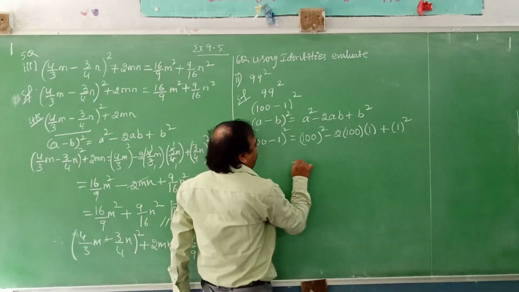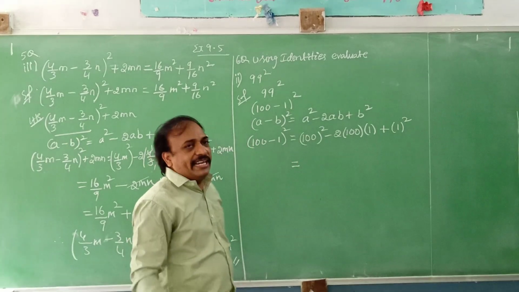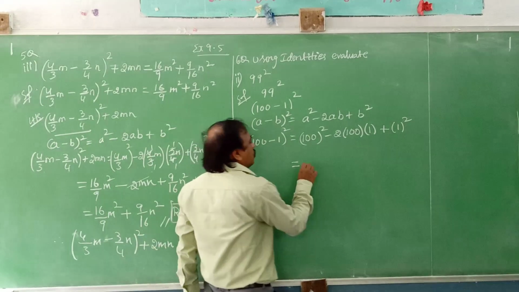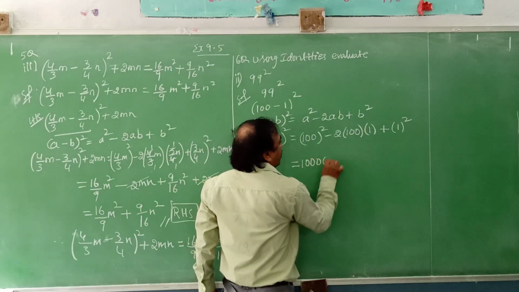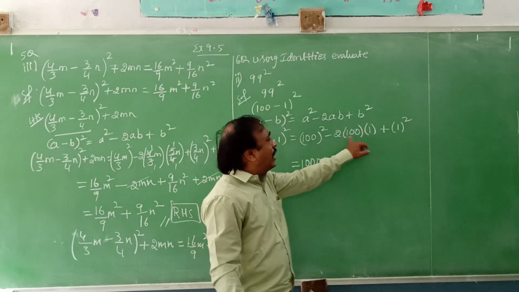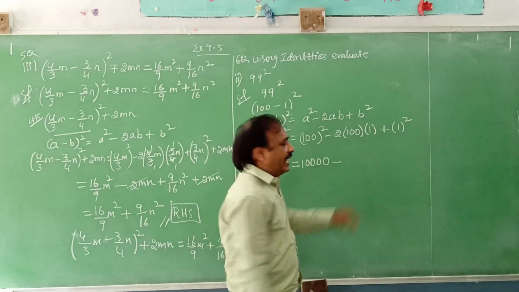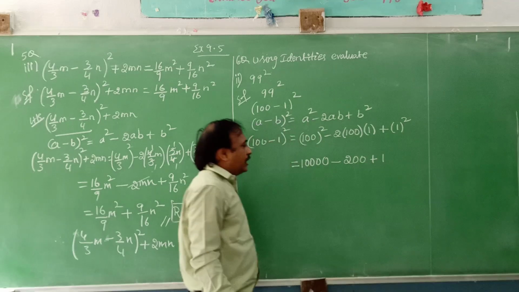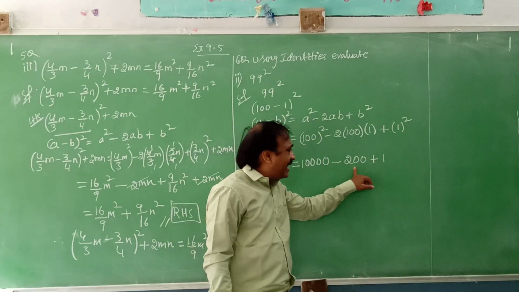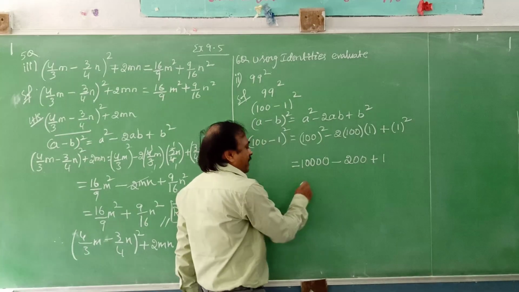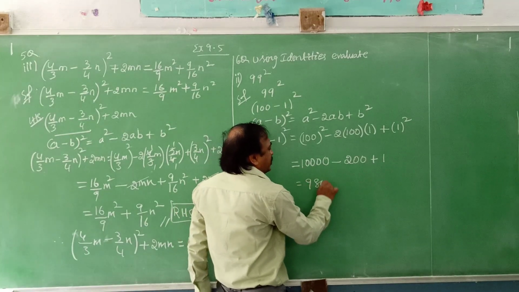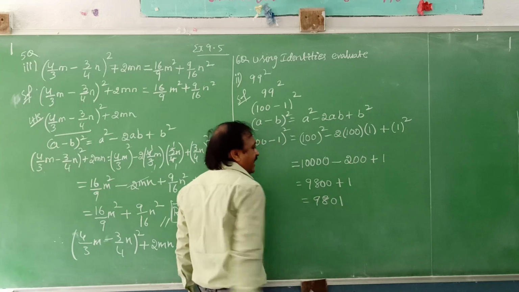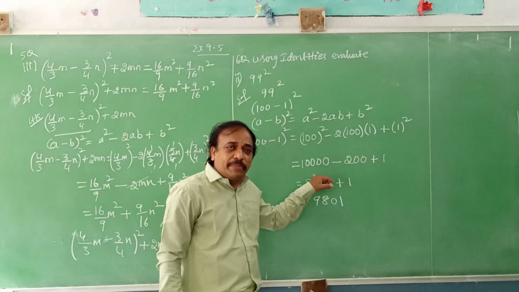Now 100 square means 100 into 100, which is 10,000. So 10,000 minus 2 into 100 into 1, that is 200, plus 1 square, which is 1. So 10,000 minus 200 plus 1. You know how to add and subtract.